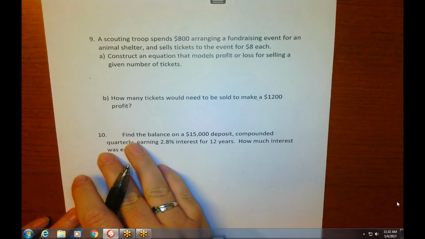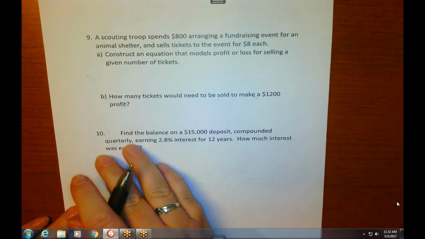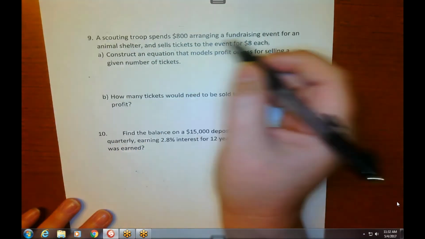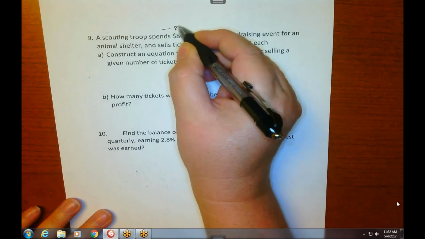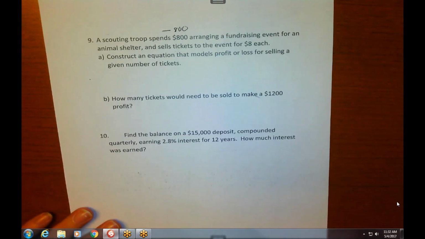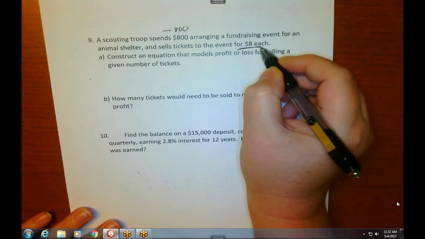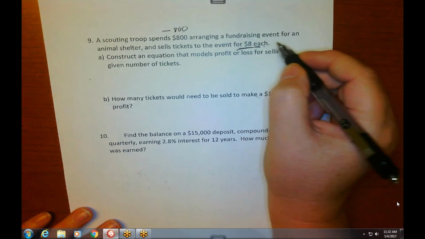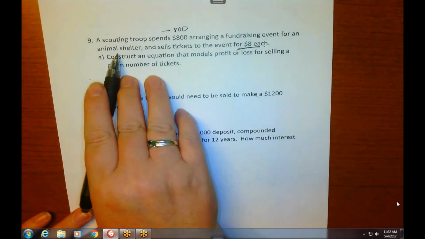Okay, number 9. A scouting troop spends $800 arranging a fundraising event. Spending is negative. For an animal shelter and sells tickets to the event for $8 each. That's going to be your slope. It's linear because each ticket is $8.